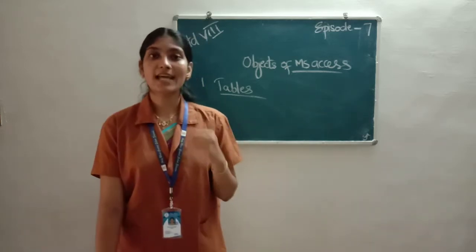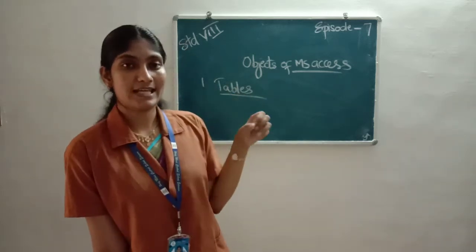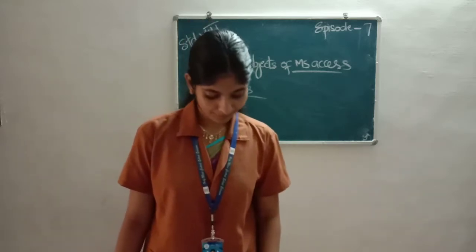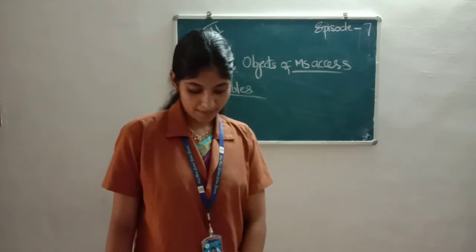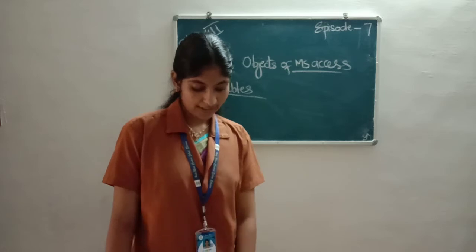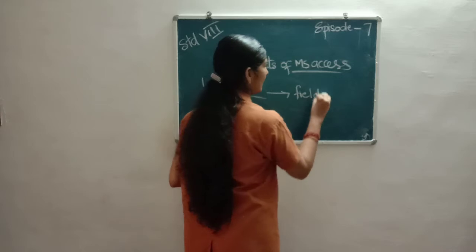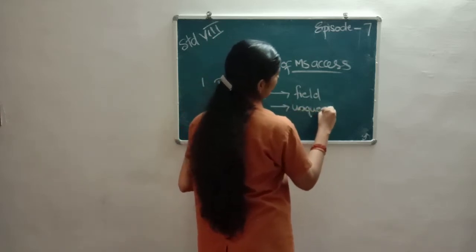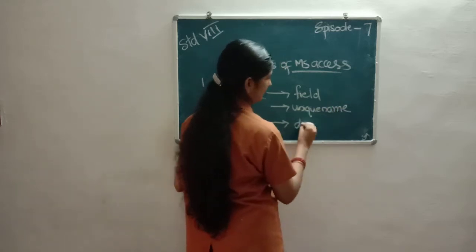When you create a new table, Access asks you to define the field, then a unique name, then the data type.